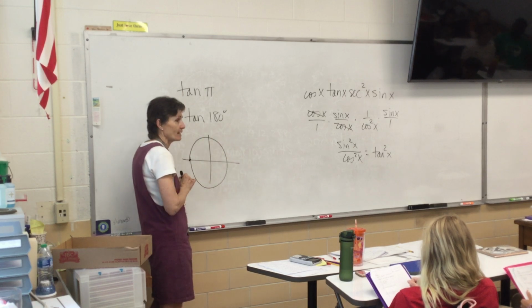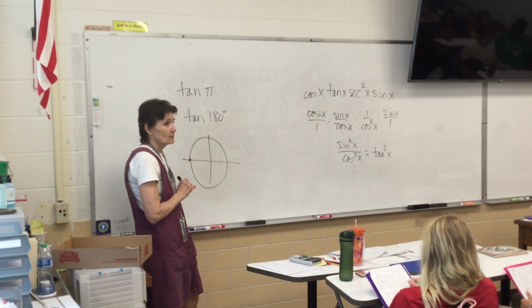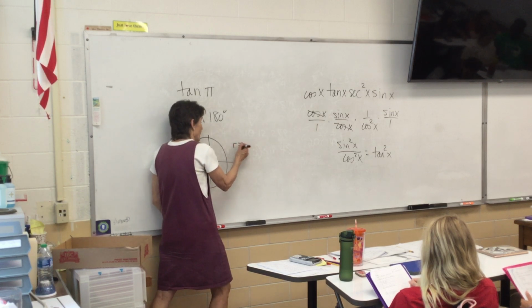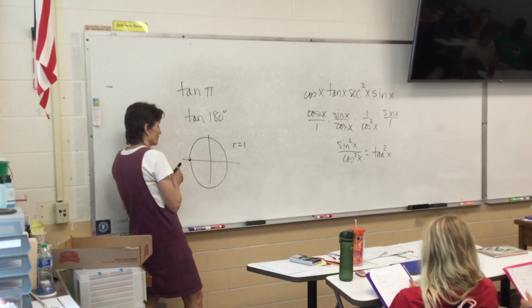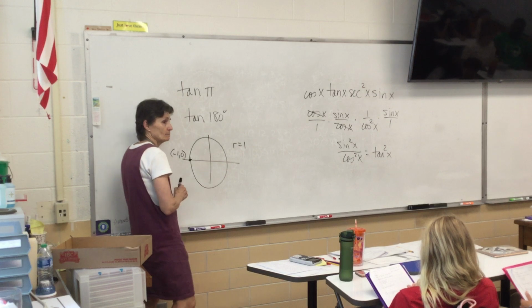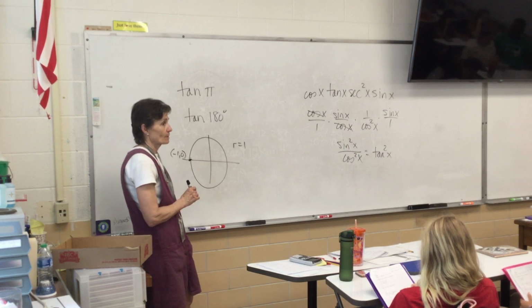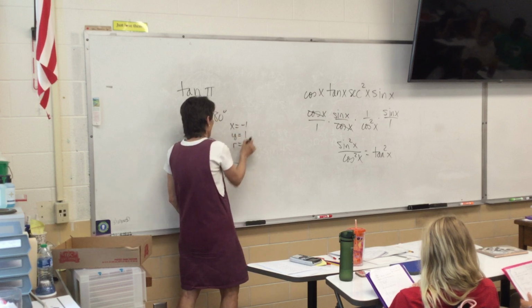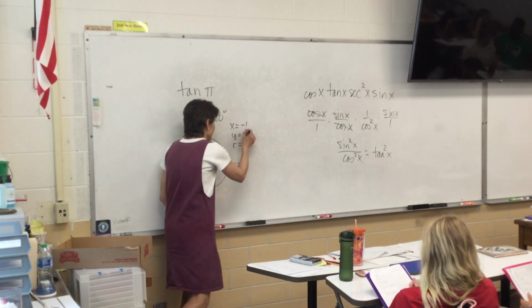I have to make a circle. I make my circle with a radius of 1, because that's the easiest, which makes this point -1, 0. So x is -1, y is 0.